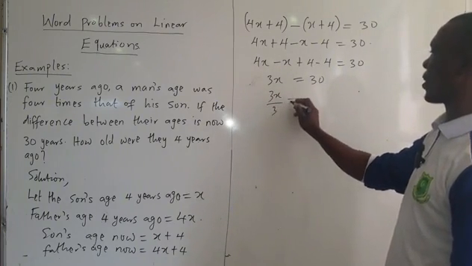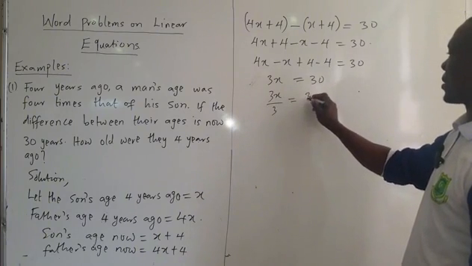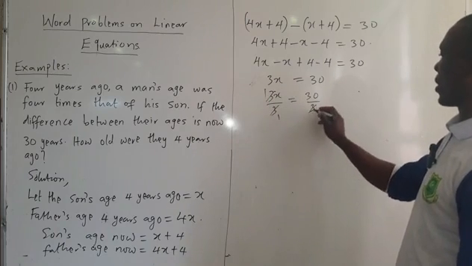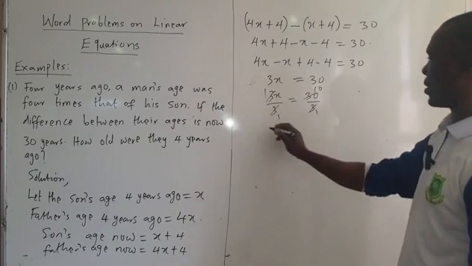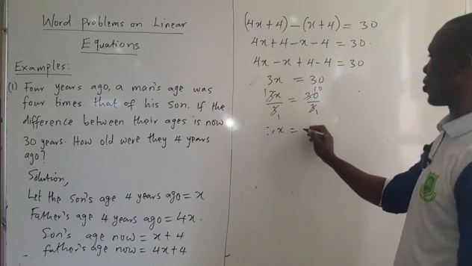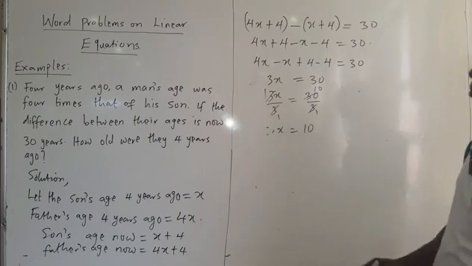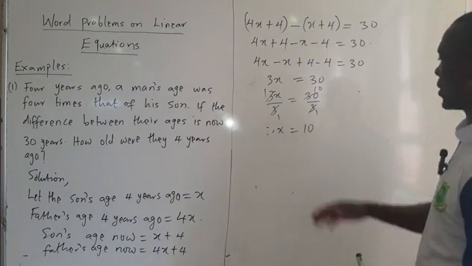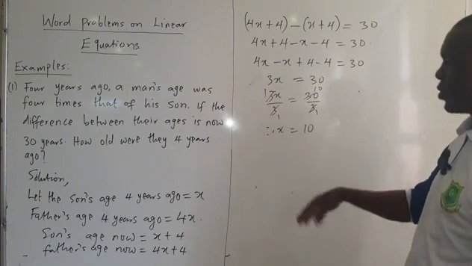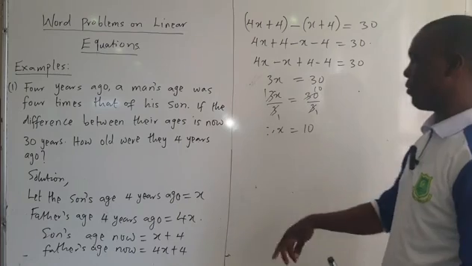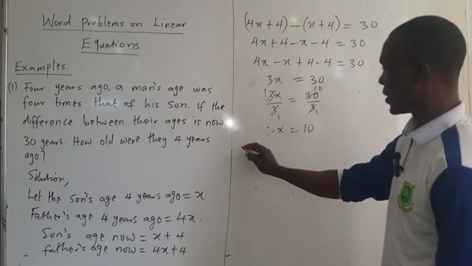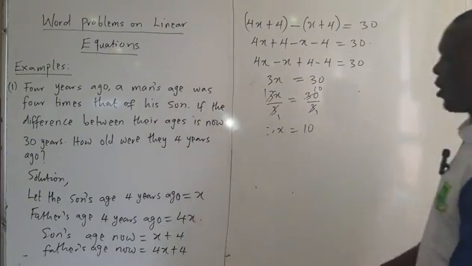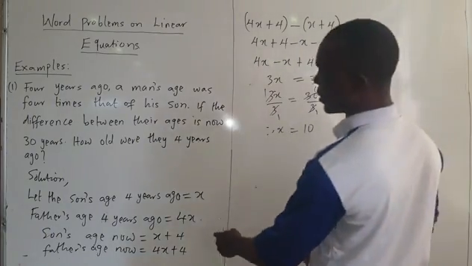We have 3x over 3, then 30 over 3. 3 divided by 3 is 1, and 30 divided by 3 is 10. Therefore, x is equal to 10.